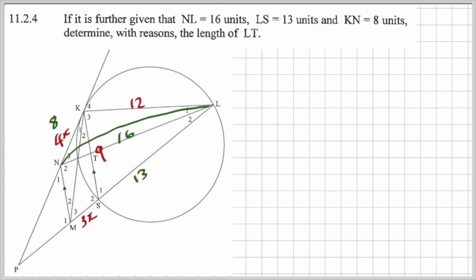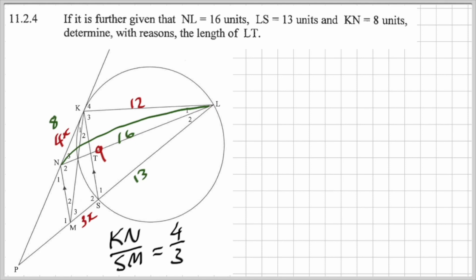LT. Now you might look at my sketch and say, where on earth do the x's come from? Well, remember in the previous one we told you that KN over SM is 4 over 3.